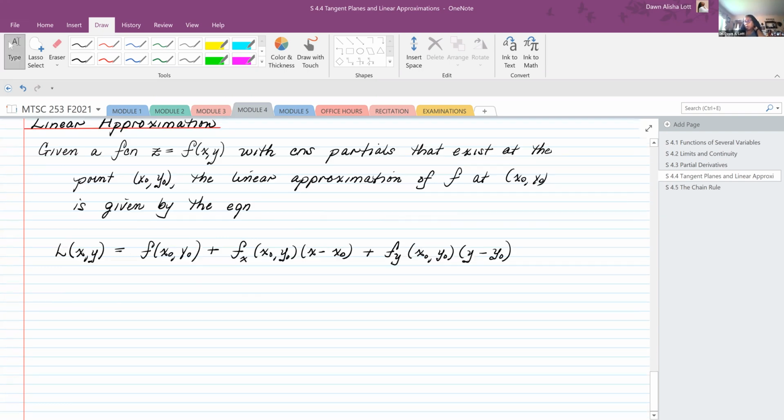So basically, what does that mean? You remember from Calc 1, I had a function that looked like this. And I know the value at x naught, but I want to know what the value is here at x.